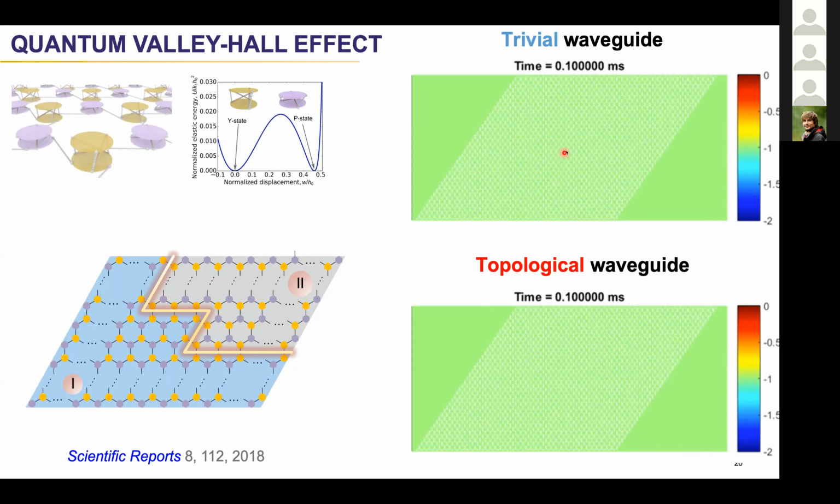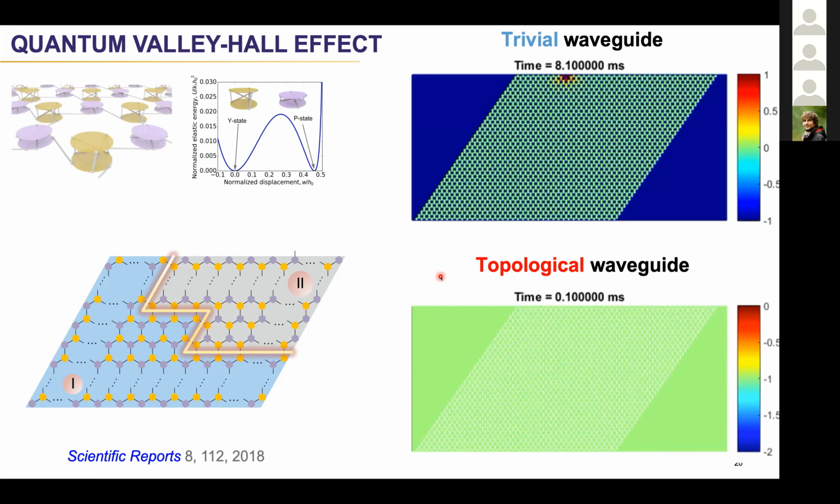Okay. Now, here, what I'm going to show you is a comparison between trivial waveguide and topological waveguide. So for this configuration, we are going to see how wave propagates in this simulation. Whereas the trivial waveguide here, we construct not by taking topology into account, but by simply creating some defects around the interface and then sending a Gaussian pulse and see whether we are able to channelize the wave.